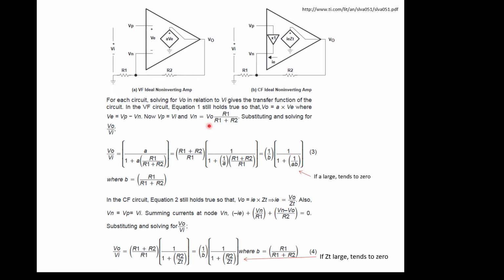Everything still holds. You can run basic nodal analysis through this system, and you end up with the same output answer for output voltage against input voltage, remember. So you get the same answer coming out, but it's a slightly different way of doing it, and there's slightly different performance between the two.